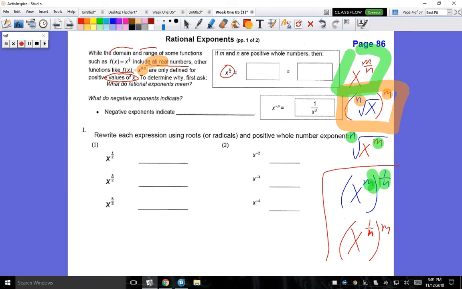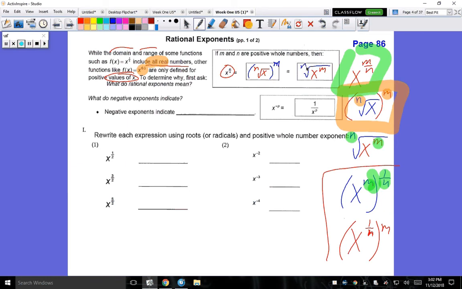Okay? Now, here in these blanks, I want you to put the nth root of x raised to the power of m. And you can do it with different colors if you want. The other one is x raised to the power of m, and then take the nth root of that.